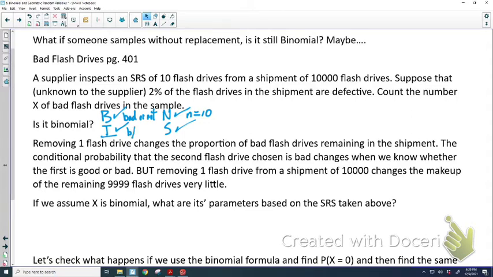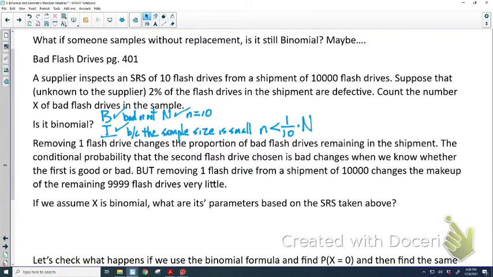because the sample size is small compared to the population. n is less than, on the next page there's this little rule we can follow, n is less than 10% of the population.